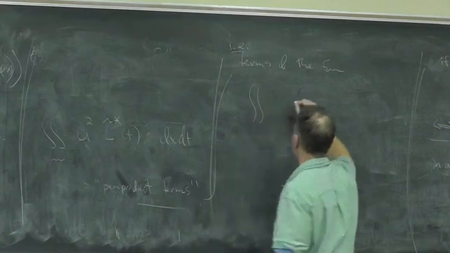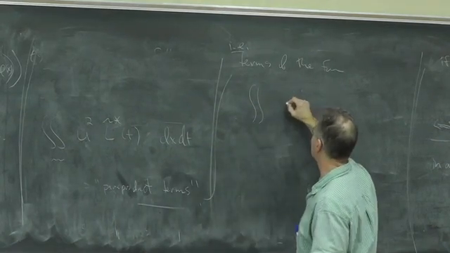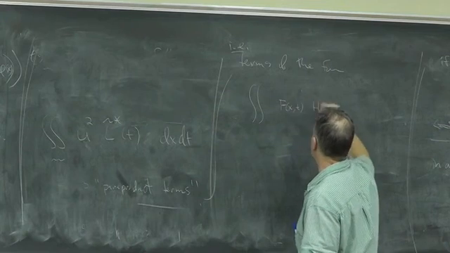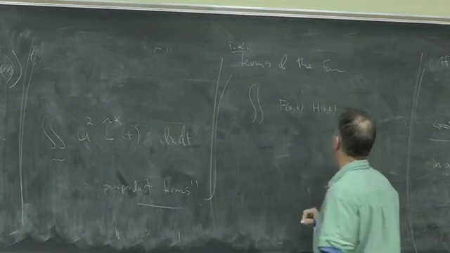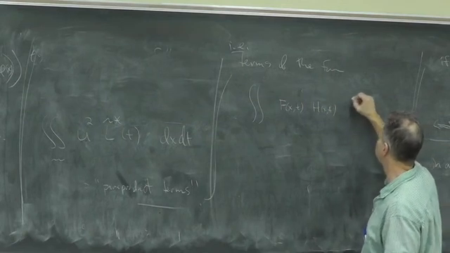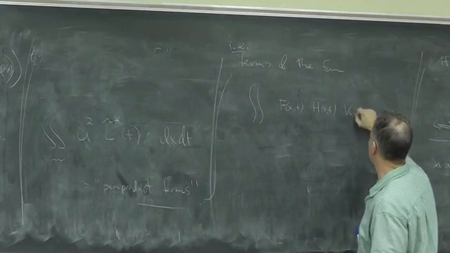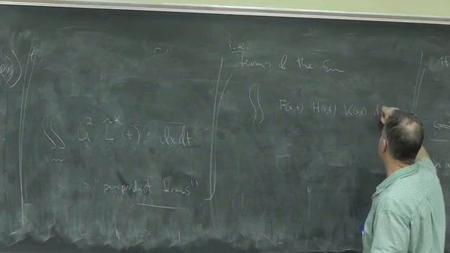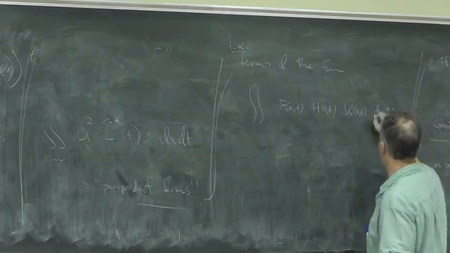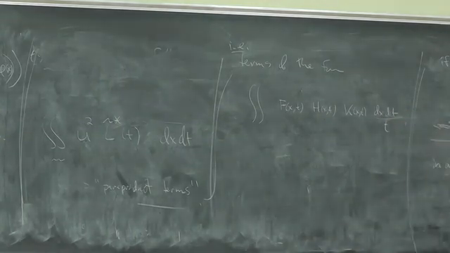You're going to have three things working for you. You're going to have some, let's say, f of xt, and another h of xt, and another thing, maybe k of xt, dx dt, over t. This is just a normalization.